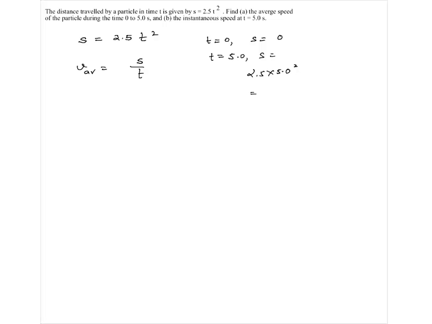Now we have to divide by t, so let's keep it like that. So how much is S final minus S initial? Actually it is delta S.